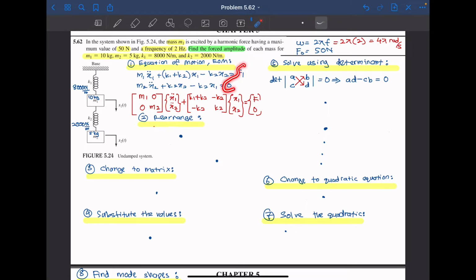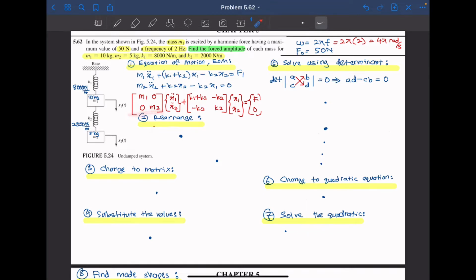Both equations equal F1 and 0 respectively, so that's why we put F1 and 0 over here. M1 is for X1 double dot, M2 is for X2 double dot. You just rearrange it into a matrix form.